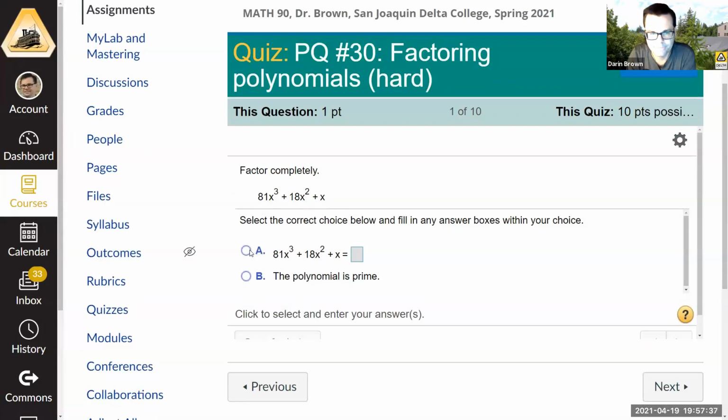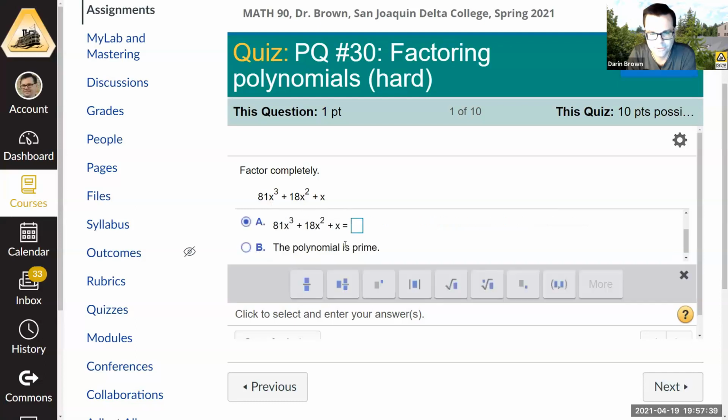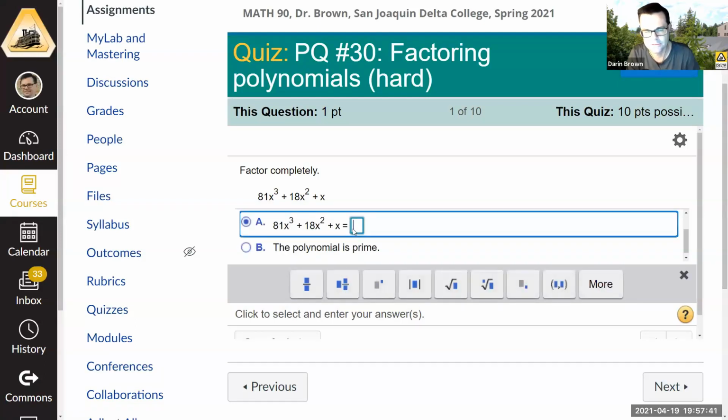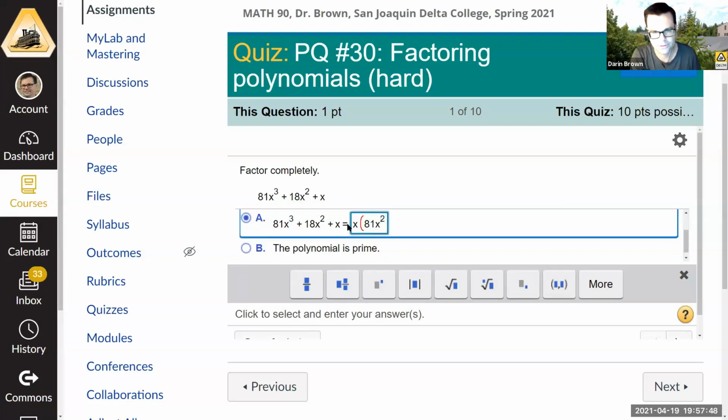Okay, there's a GCF here of x. So let's see. 81x squared plus 18x plus 1. And now you need to recognize this is a perfect square trinomial.